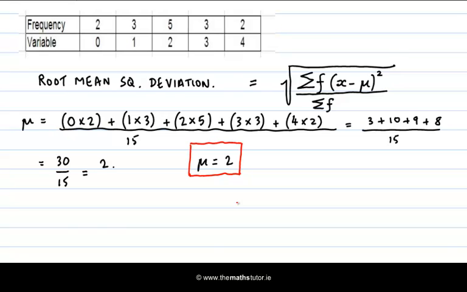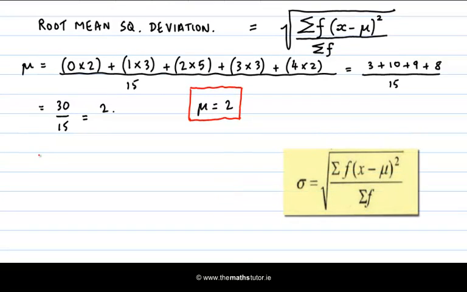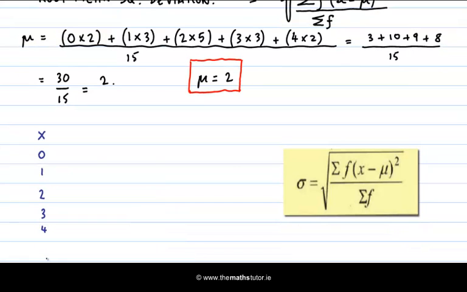So now what we'll do is we'll write out a table showing each of our pieces of data and their deviation from the mean. So our table will have in the first column our data, and they are 0, 1, 2, 3 and 4. In our next column, I'll put its deviation from the mean.